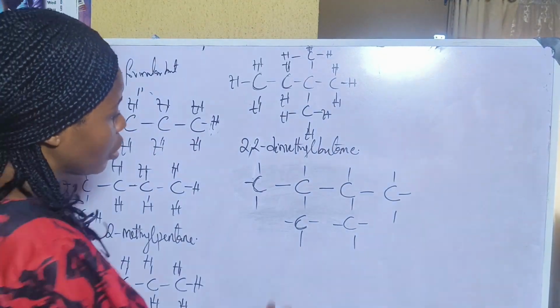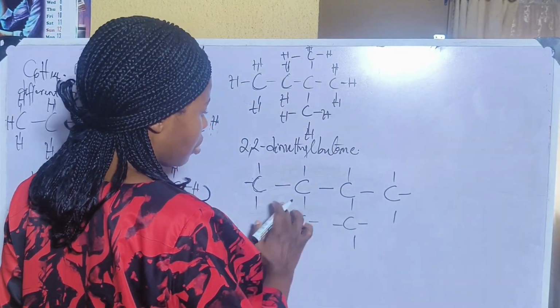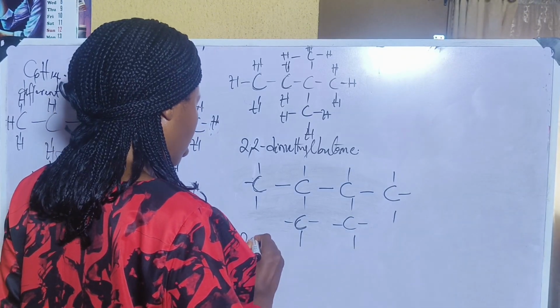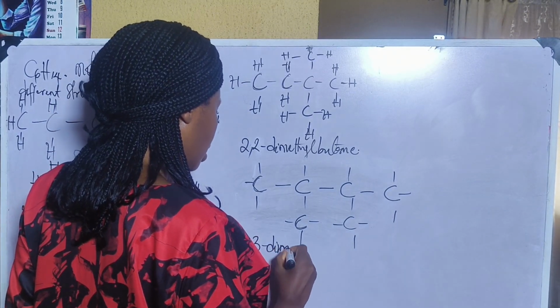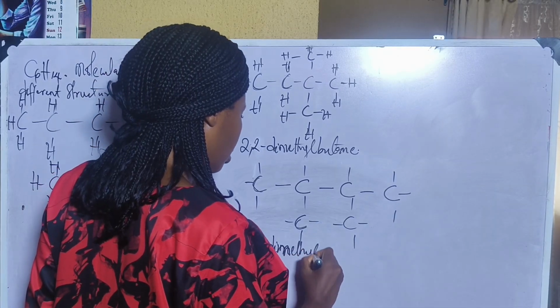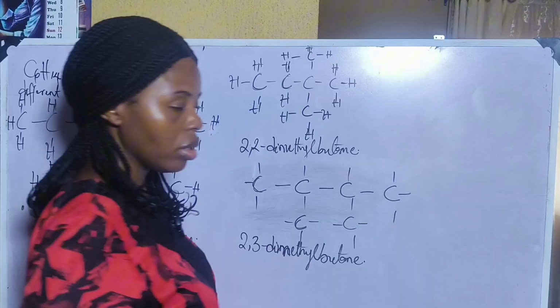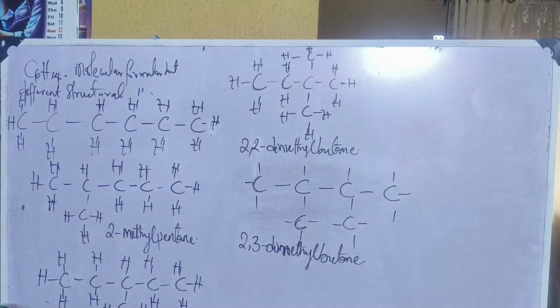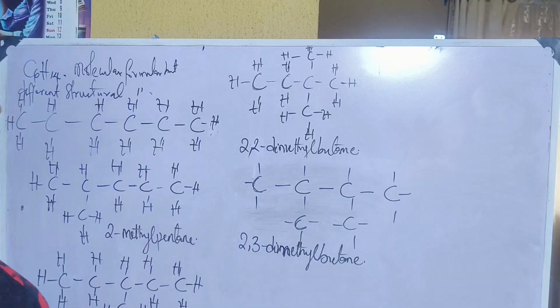So this will be 2, 3. If I come from here, 2, 3. If I come from here, 2, 3. So this is 2,3-dimethylbutane. That's my answer.